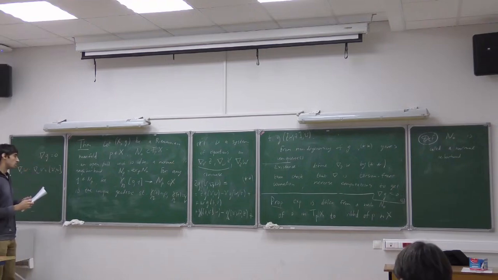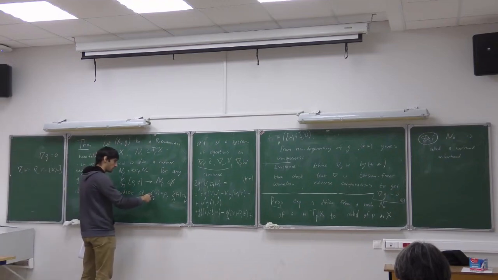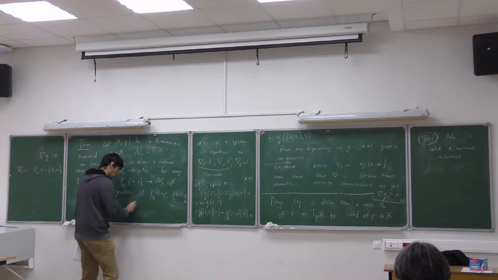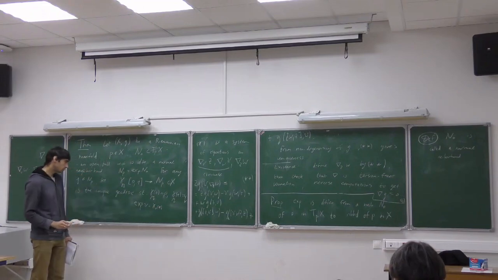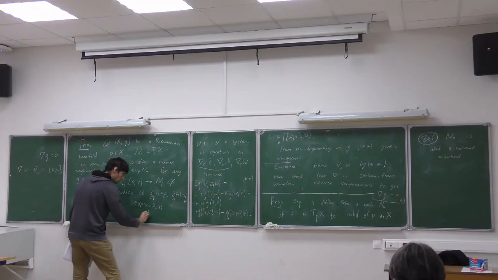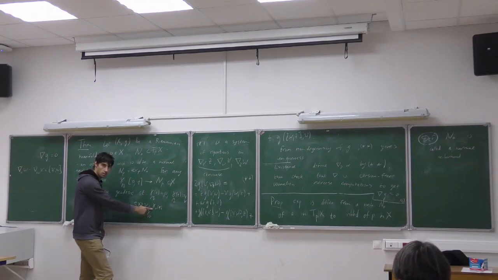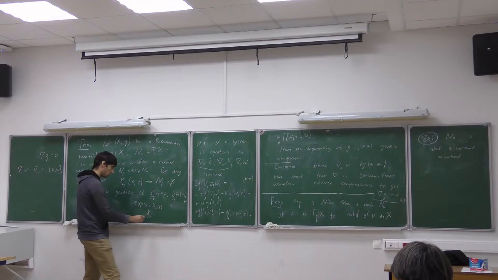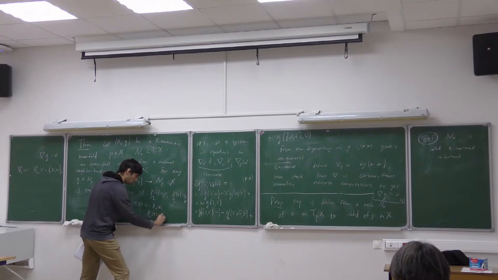Just because the exponential of V is gamma_V of 1, and gamma of tV is the unique geodesic that goes through 0 and its tangent vector at 0 is V. And gamma_{tV} of 1 is just gamma_V of t.